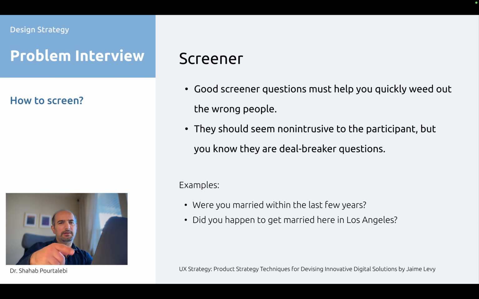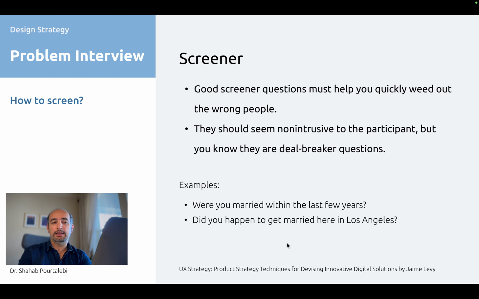From the book example, I believe you remember we talked about it previously, the user group was brides-to-be living in Los Angeles, looking for an affordable wedding venue. So these are examples for that project.